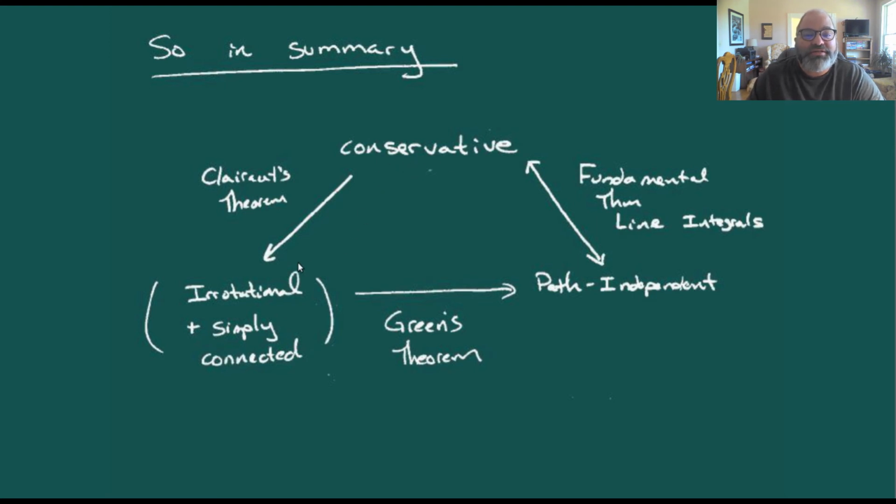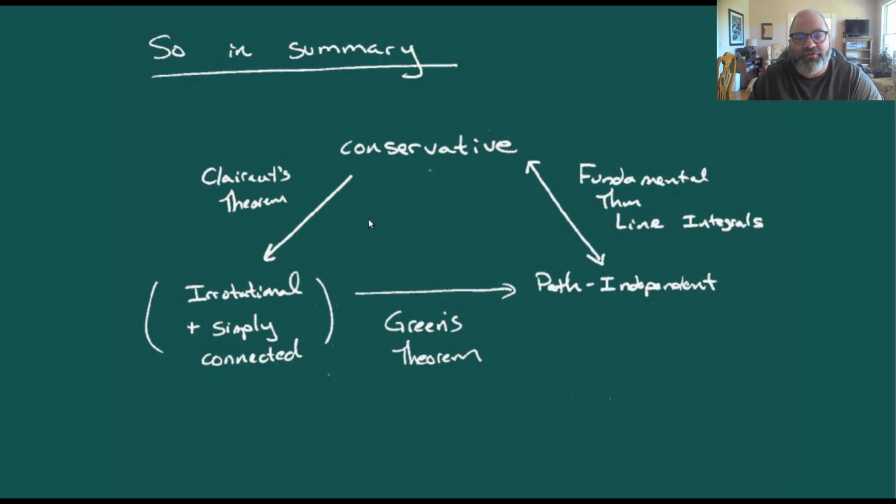Clairaut's theorem says that if we're conservative with continuous second partials, that's going to give us something that's irrotational. If we take irrotational and throw in simply connected, so that we don't have these hidden boundaries for the holes that are actually there, then Green's theorem gives us that this thing is going to be path independent.